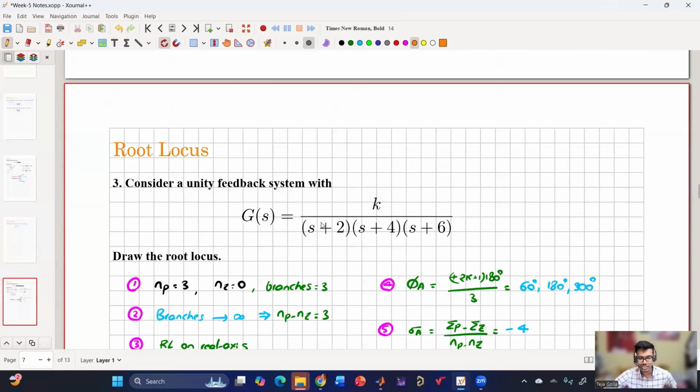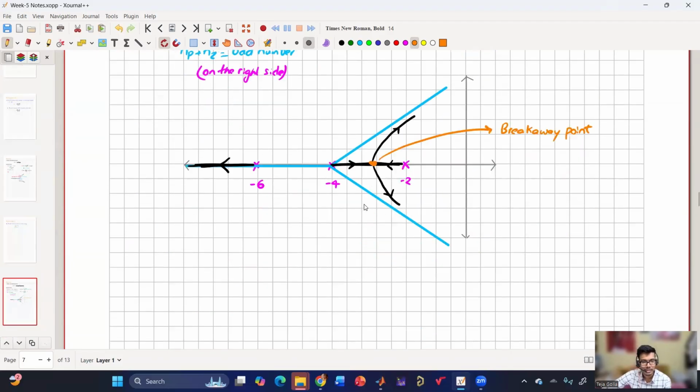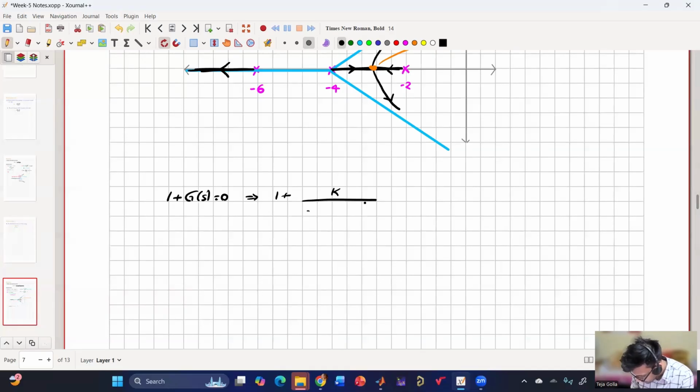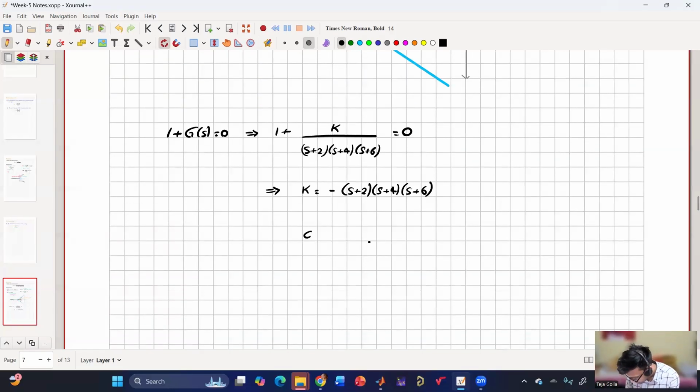We know that 1 plus G(s)H(s) equals 0 is the solution, so we have to find k in terms of s. 1 plus k by (s+2)(s+4)(s+6) equals 0. From this I'll get k equals minus of (s+2)(s+4)(s+6). Agree? Yes, sir.